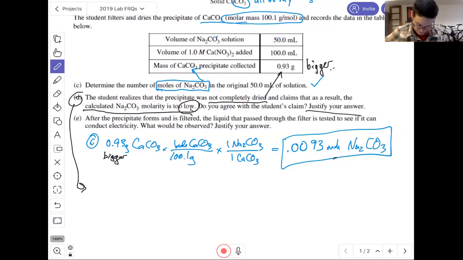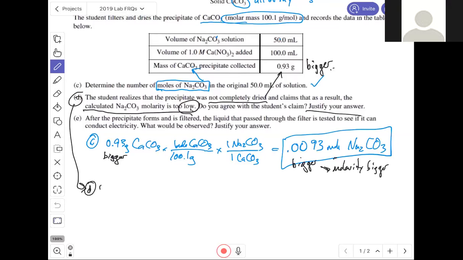It's bigger too. So then the molarity would be bigger, because the molarity is just the moles divided by 50. A bigger numerator is going to be a bigger number. So do we agree or disagree? We disagree.